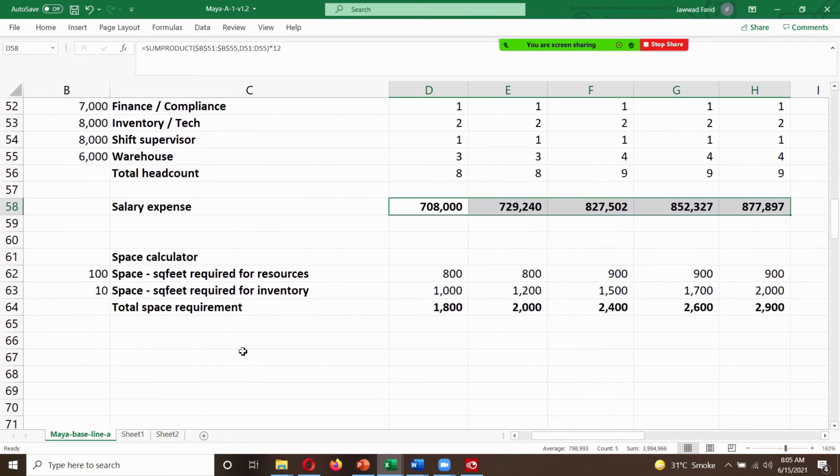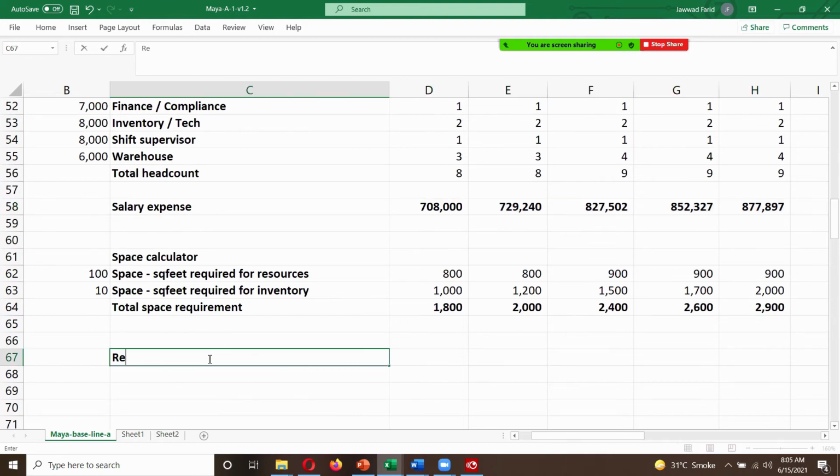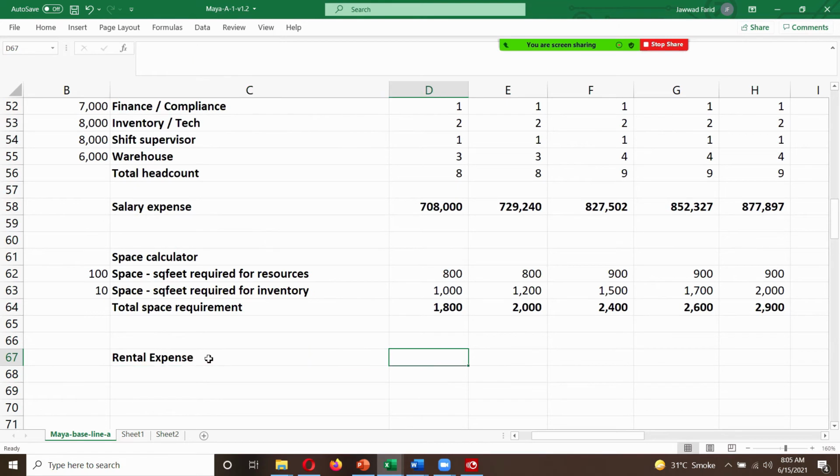So let's do rent. So let's do rental expense. Let's do this on a, my guess is about 2,000 square feet, commercial warehouse space, 2,000, maybe 2,500 square feet will cost you about, my guess is maybe about 100,000 dirhams a year, right?